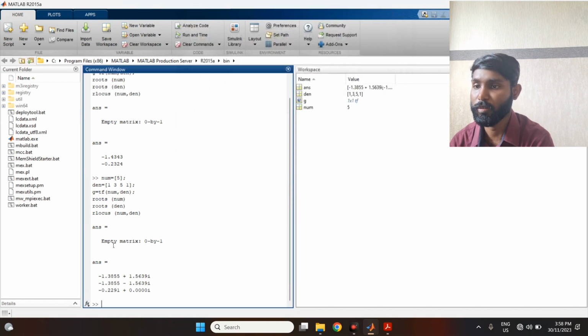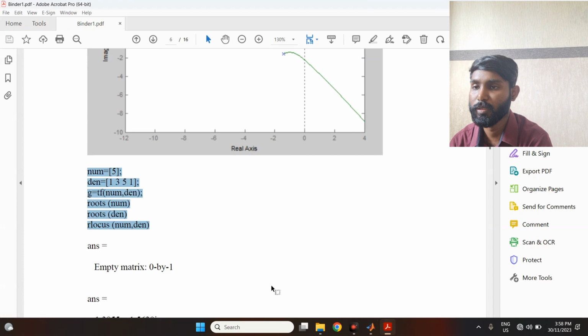The answer for that will be negative 1.3855 plus 1.5639i, negative 1.3855 minus 1.5639i, and negative 0.2291 plus 0.0000i.